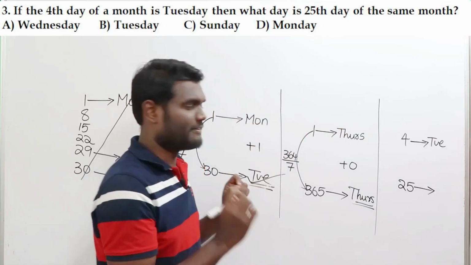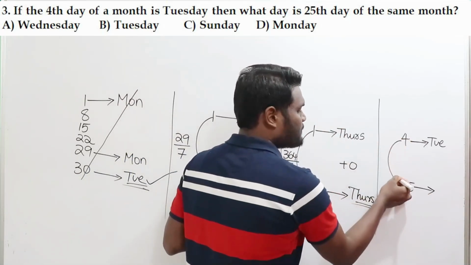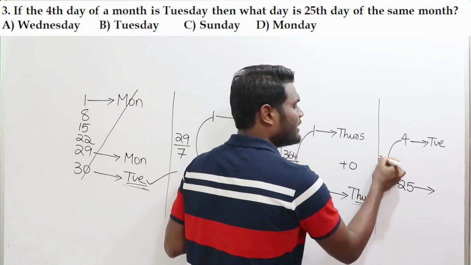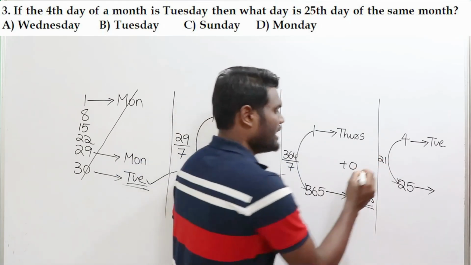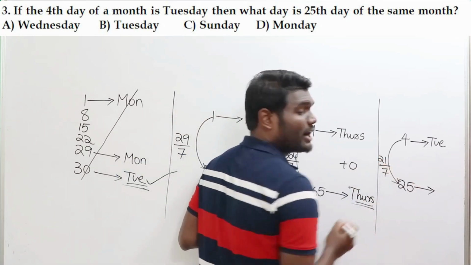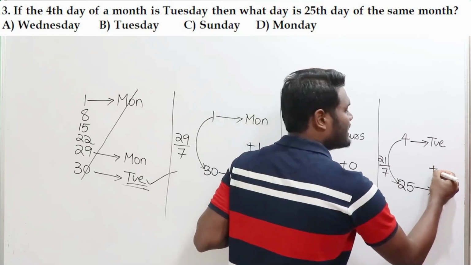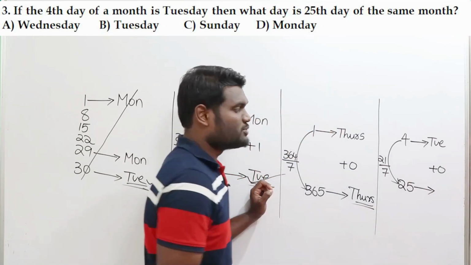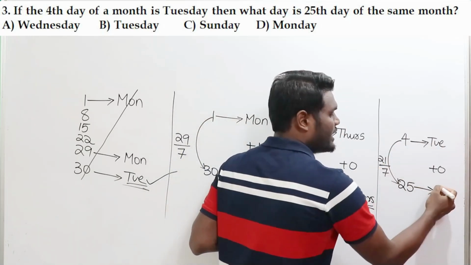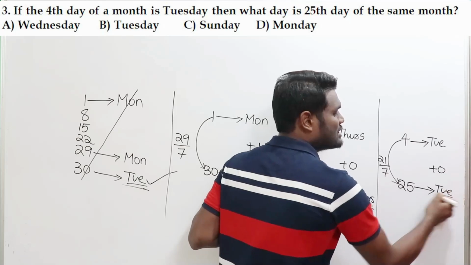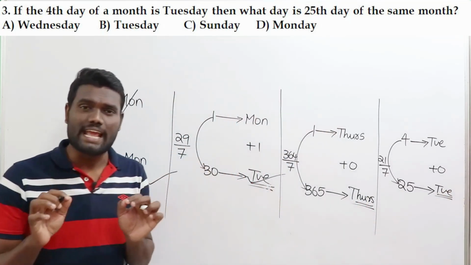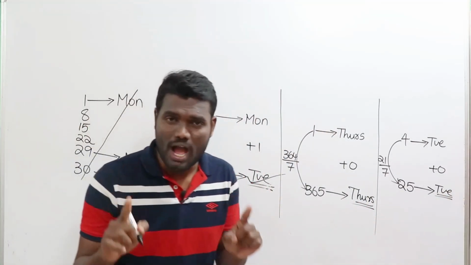Simple. Just take the difference. 4 and 25, the difference will be 21. In 21 days, how many odd days are there? In 21 days, the number of odd days is 0, which means if the 4th is Tuesday, the 25th is also going to be Tuesday. Is that clear with everyone?